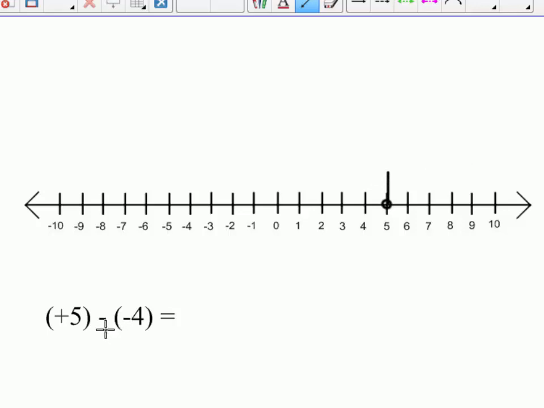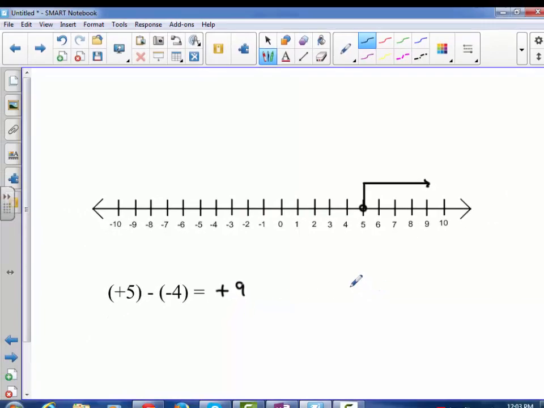Again, if I was adding a negative, I go to the left, but because I'm subtracting I have to do the opposite, so it's right. How many steps? 4 steps. I move 1, 2, 3 and 4, and my arrow at this level means +9. This is how I can do it on the number line.